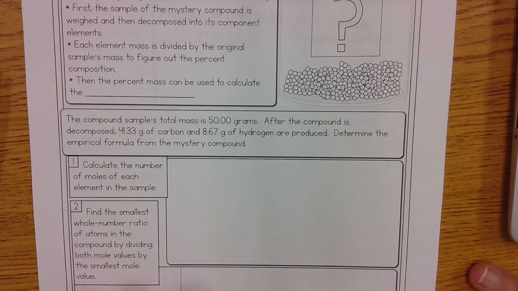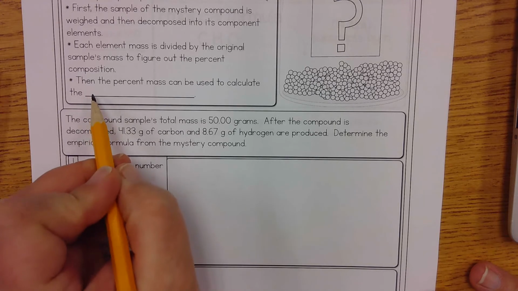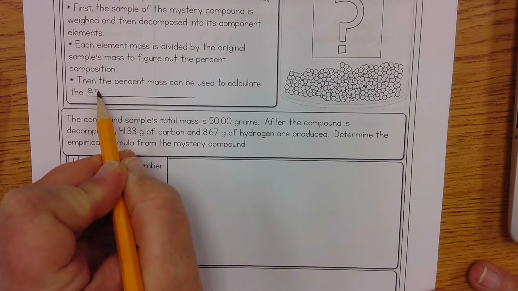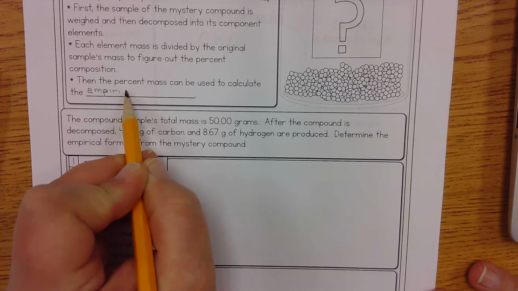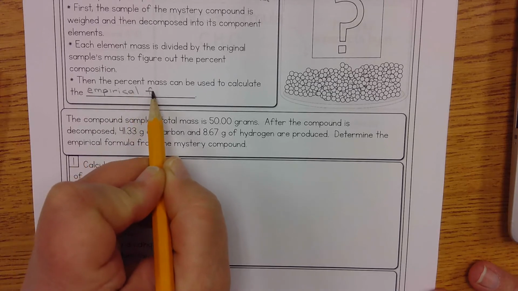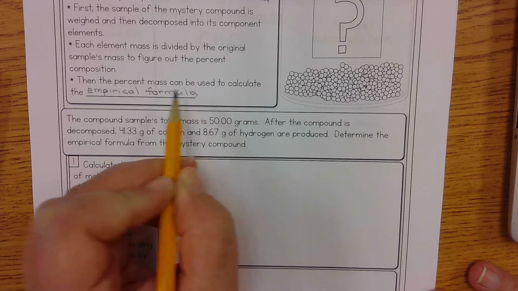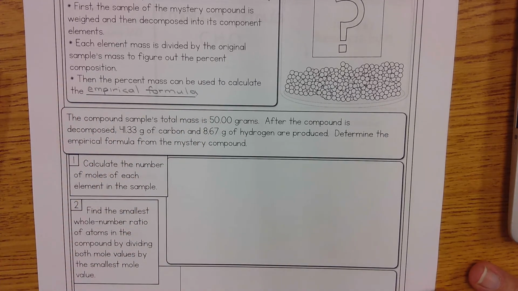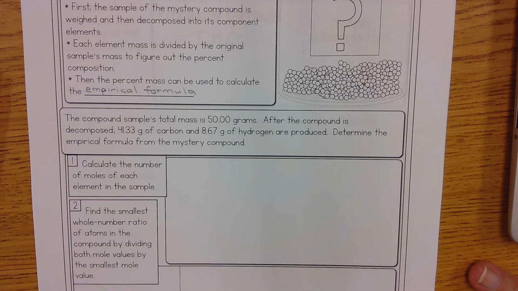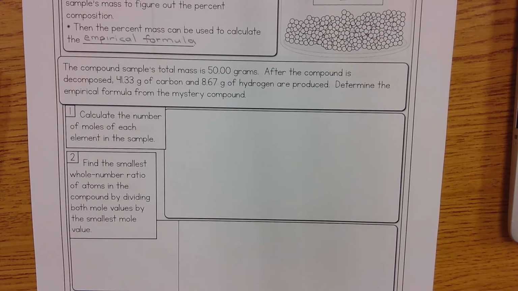So you find that percent composition, then you can use that to calculate the empirical formula. And we will learn next lesson how to then convert that to the molecular formula so you know exactly what it is.